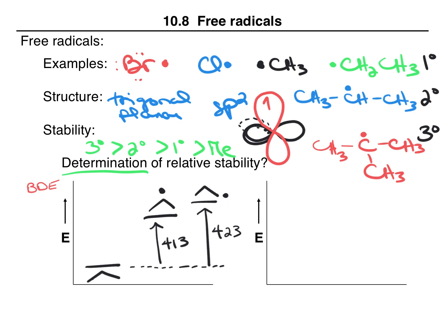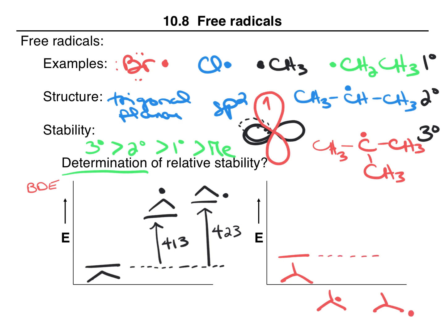As another example, if we start out with 2-methylpropane, now what are the radicals that we can form here? We can form a radical here that is tertiary, or we can form a radical here that is primary.